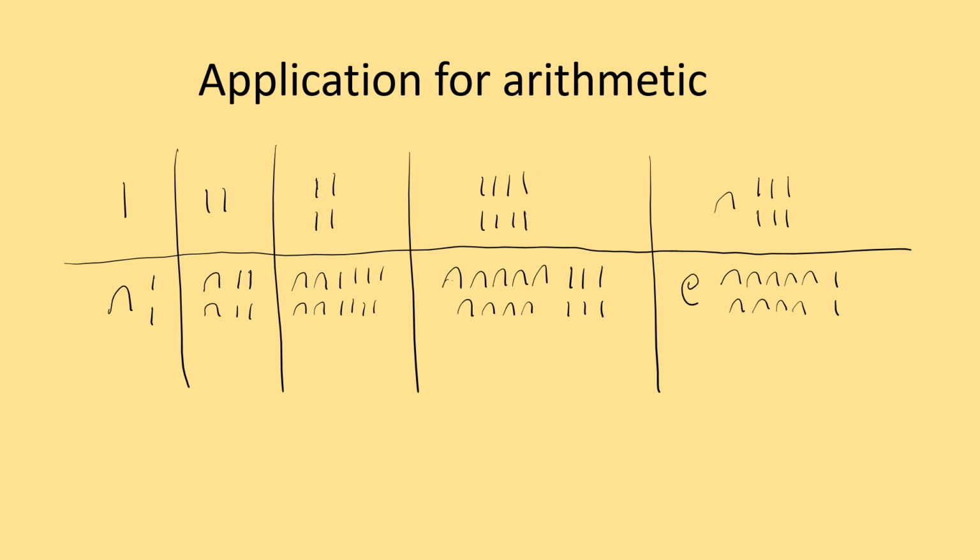So looking at this set of doubles, we have 1 times 12, 2 times 12, 4 times 12, 8 times 12, and 16 times 12, which gives us 12, 24, 48, 96, and 192.